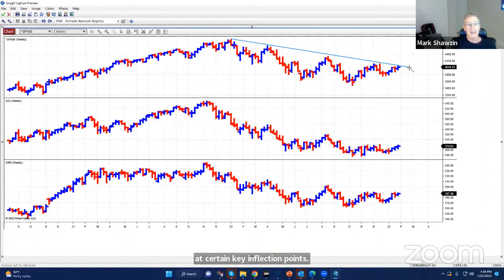You can see that every time this hit here, it then went on to make a new low. But then it hit here, and now it's coming the other way. I don't know why my computer is buffering with this capture program, but you get the idea.